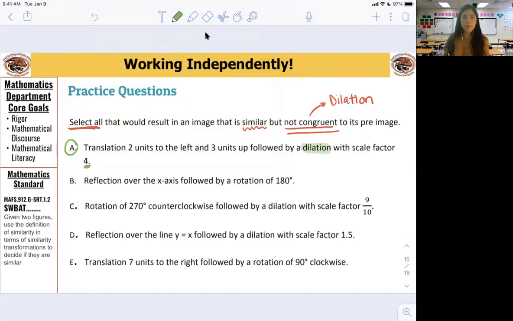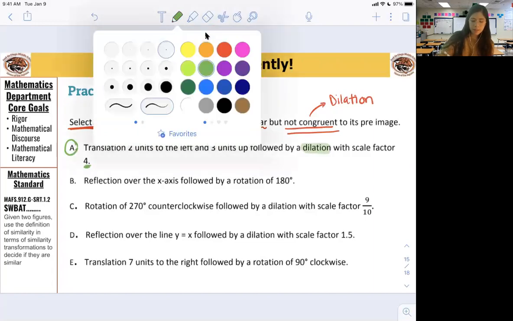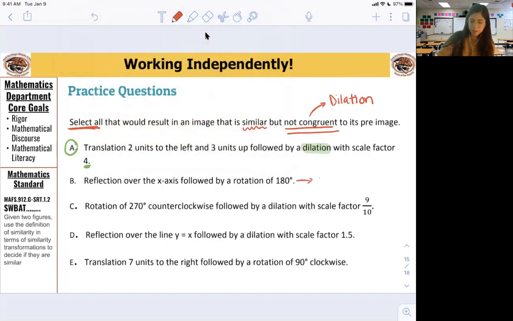B, a reflection over the x-axis followed by a rotation of 180 degrees. There's no dilation there, right? This is going to be congruent because it hasn't grown or shrunk.